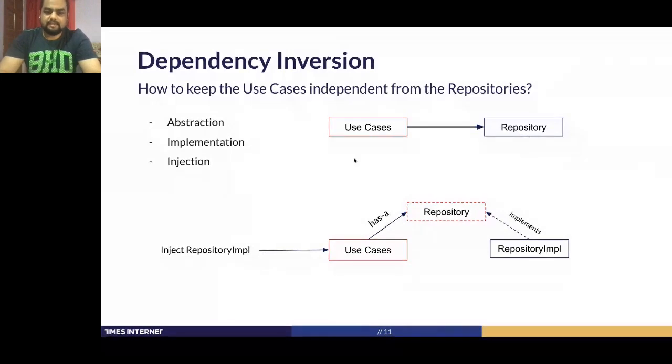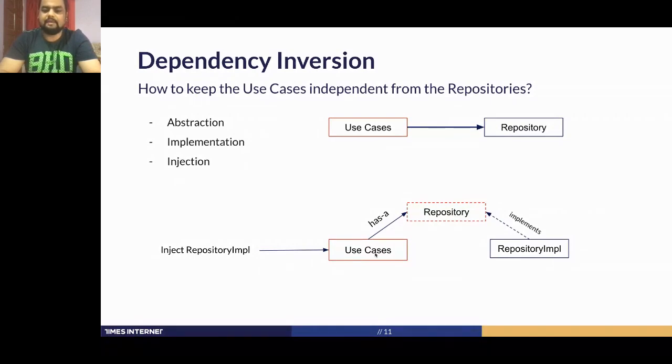So what does dependency inversion say? Dependency inversion says all the higher level modules and the lower level modules, the use cases are higher level, the repositories are lower level, should not depend directly on each other, rather they should depend on some abstraction. The use case will depend on the abstraction of the repository layer. The repository is just an interface. So it will call the repository, and via some dependency provider we will inject the repository implementation into the use case.